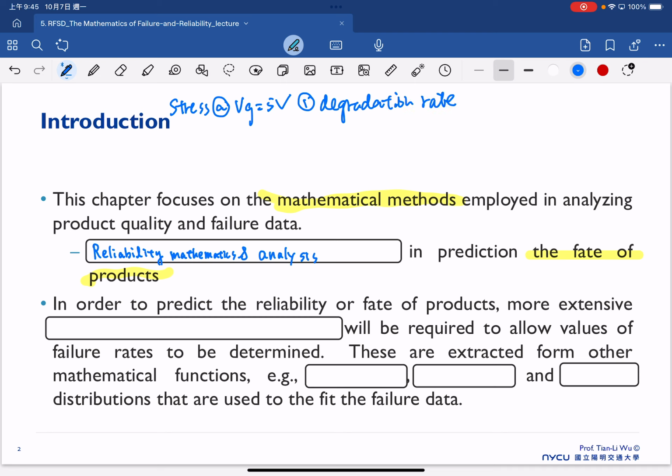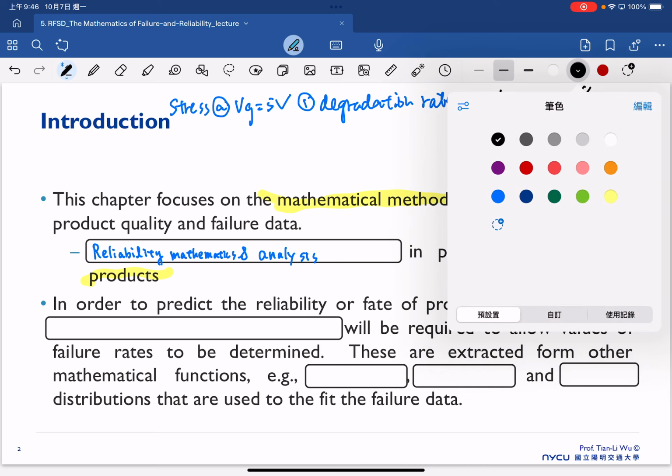For this case, can be, for example, our threshold voltage shift, that's a delta VTH, is equal to 0.02 volt per hour. So if we do the reliability stress, and in the end we found out that the degradation rate is equal to 0.02 volt per hour.